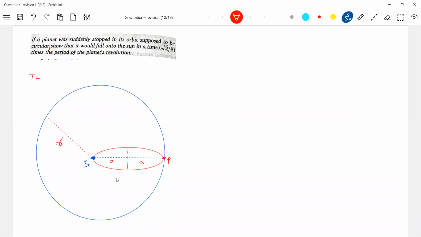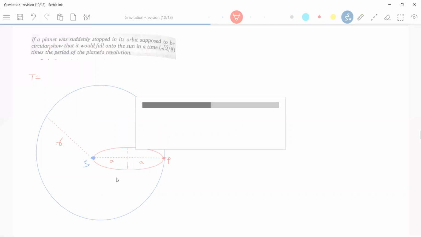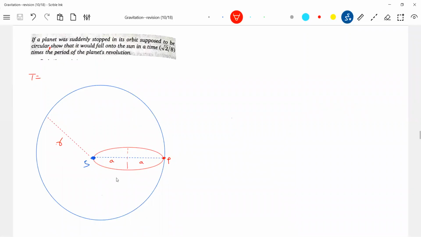And what is the time taken in an elliptical orbit? Any formula you have? If eccentricity is almost equal to 1, this will become almost like a straight line. Take a little help of the ellipse idea. The time period is proportional to, earlier T square is proportional to r cube.